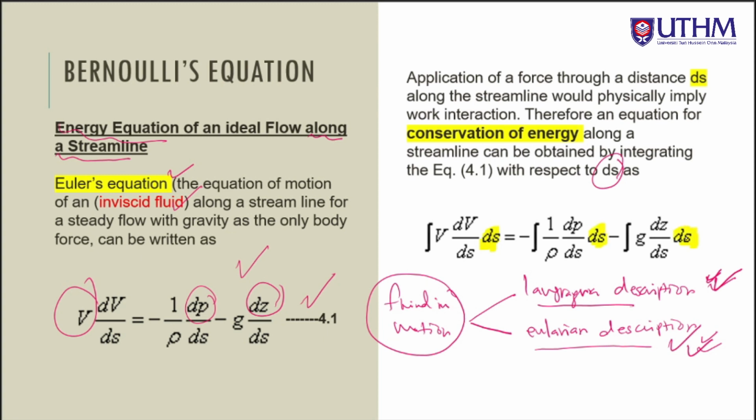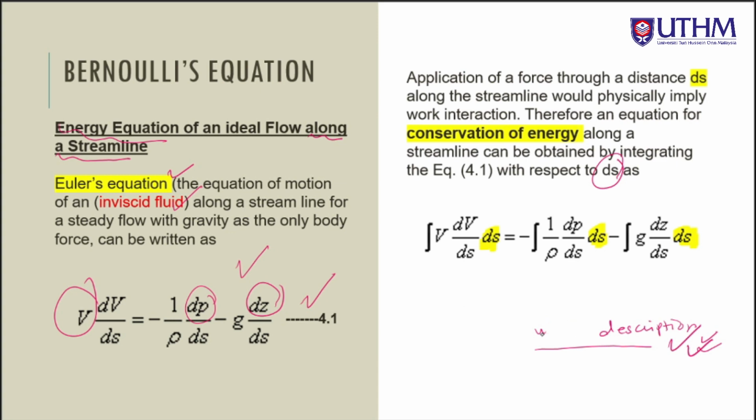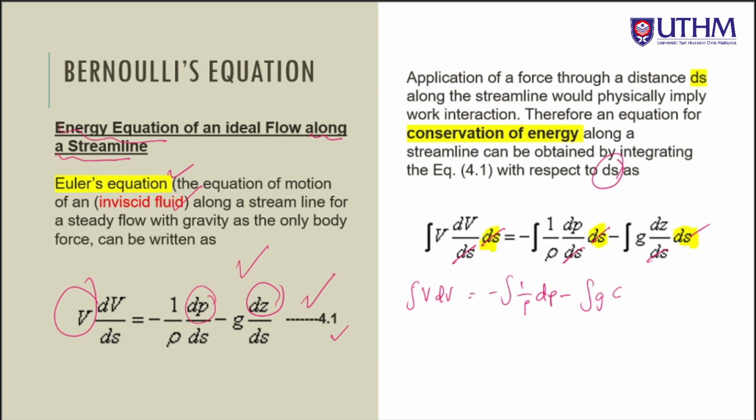Okay, so bila kita integrate, sekejap saya padam sikit dekat sini. So kita integrate each of these terms in 4.1 with ds. Bila kita integrate, actually kita akan dapat potong benda ni, potong benda ni, potong benda ni kan. So dia akan jadi integral of v dv equals minus integral of 1 over rho dp minus integral of g dz.